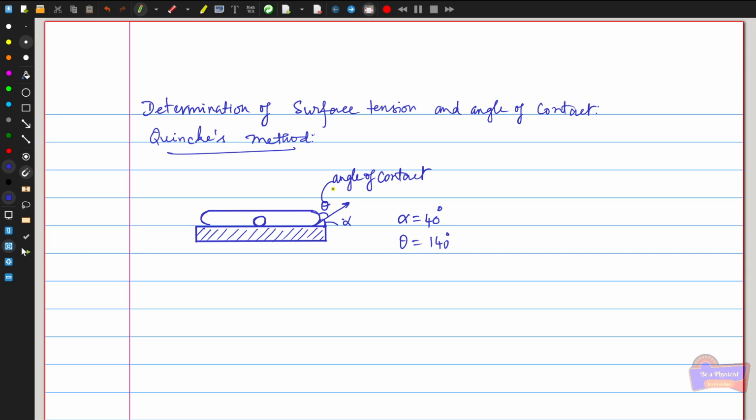So in the first case, we are going to determine the surface tension of this liquid without involving the angle of contact.